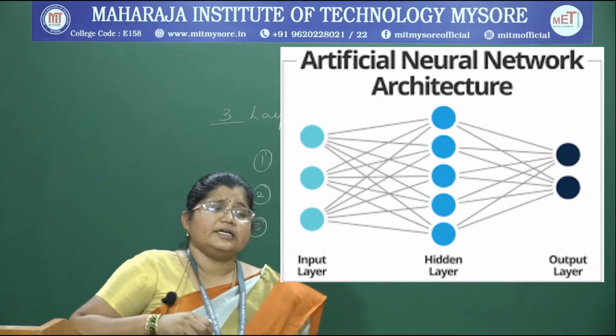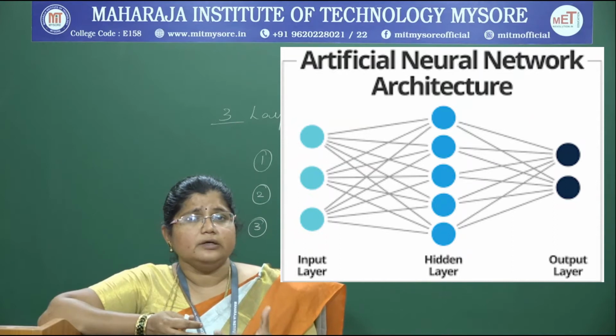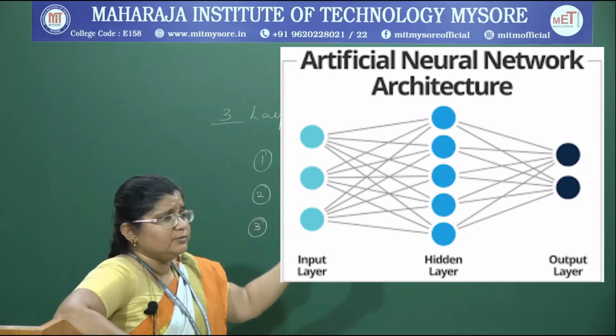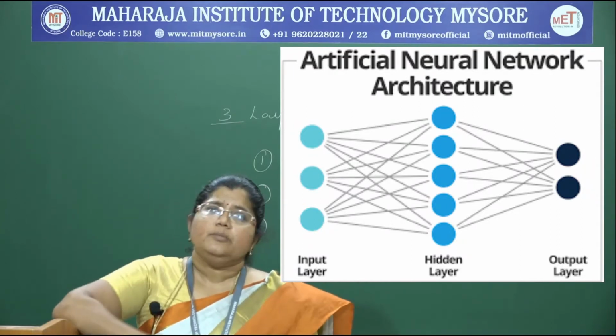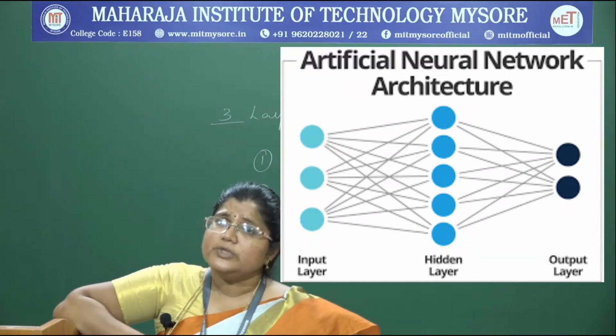This is the architecture used to construct an artificial neural network. In this network, the node that you have been observing is called a perceptron. In the previous class we came across the perceptron.